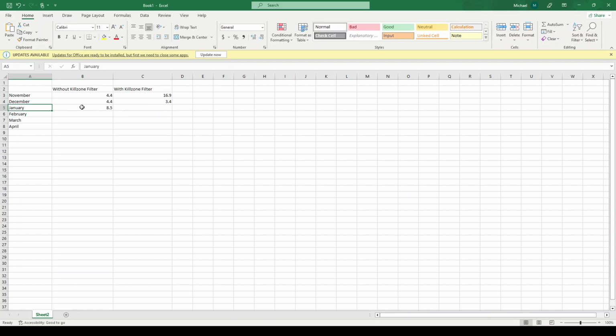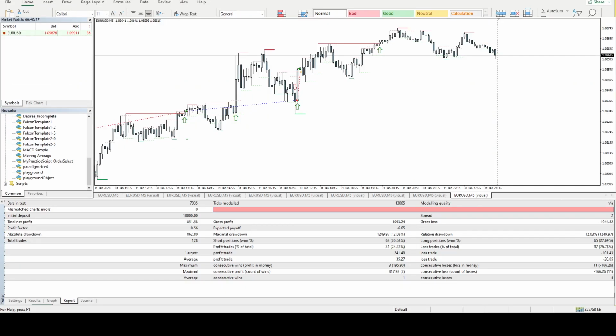I should use a negative here, and here as well, because that was a loss. Okay, so I'm going to run January again with the Q zone filter.